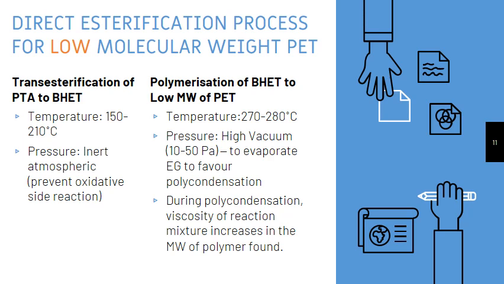Then polymerization of BHET is done to produce low molecular weight PET at 200 to 280 degrees C with high vacuum pressure from 10 to 50 Pascal, to evaporate ethylene glycol and favor the polycondensation process. During polycondensation, the viscosity of the reaction mixture increases, which decreases the molecular weight of the PET. Therefore, low molecular weight PET is produced.